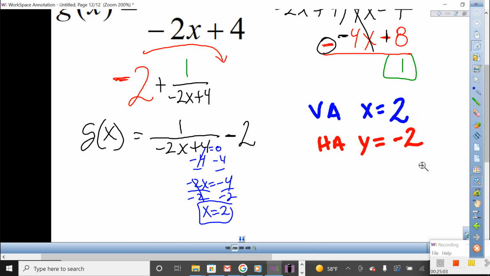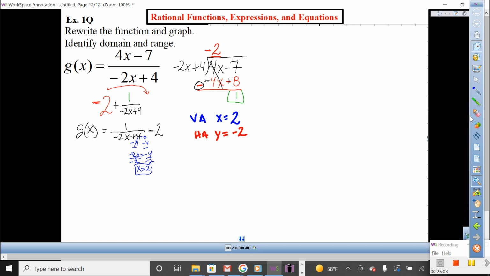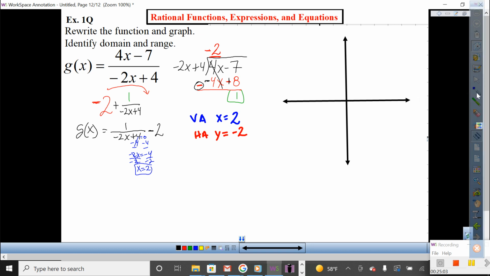All right, so let's plot those on our coordinate plane. We got x equals 2, and we got y equals negative 2. So far so good, yes?